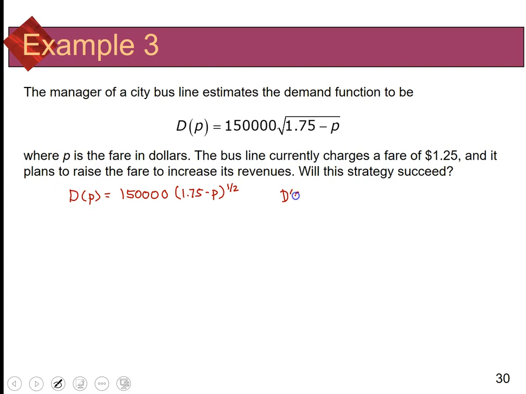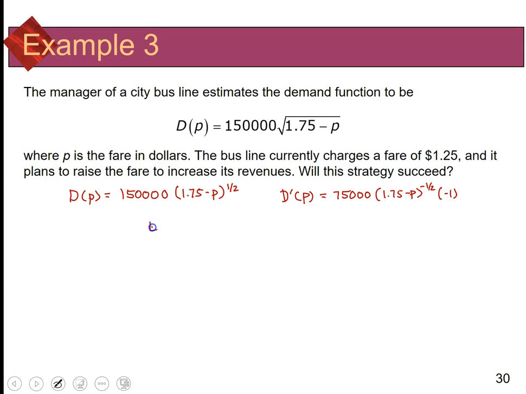Using the chain rule and the power rule, I'm going to have 1/2 times 150,000, which is 75,000, times 1.75 minus P, now to the negative 1/2. The derivative of the 1.75 becomes 0, and the derivative of negative P is just negative 1.